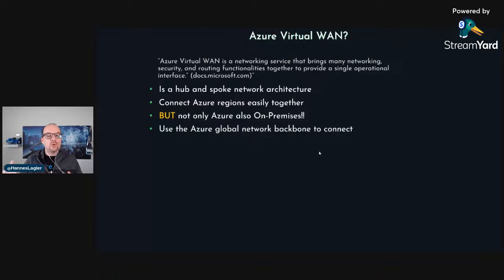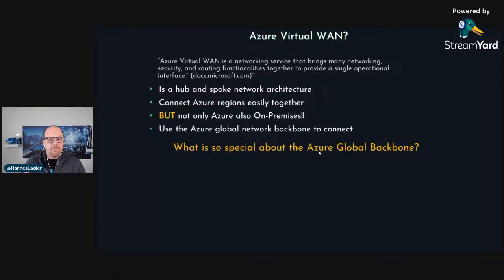So you have the ability to connect Azure virtual networks, and for sure also on-premises environments, to your Virtual Wan environment, and bring everything together in one huge network. And if you have a region pair, or you're using more regions, you always use the Microsoft Global Network backbone to connect each together.